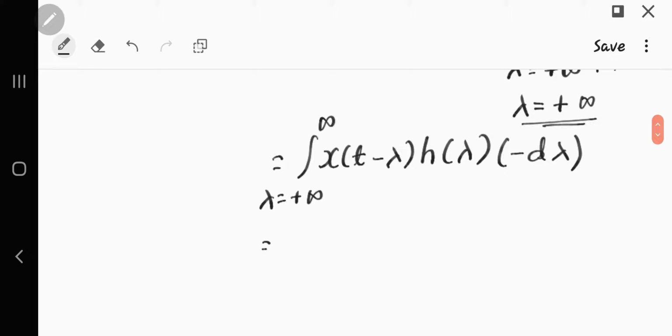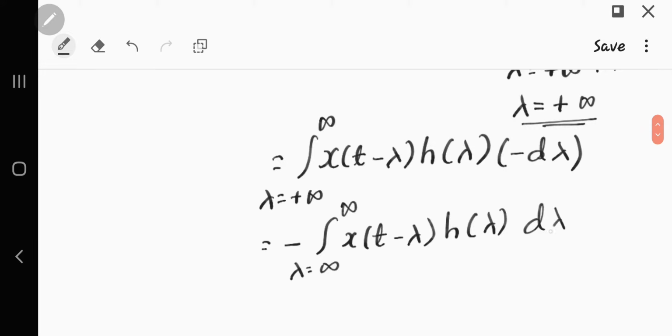Let's take the minus outside: minus the integral from lambda equal to plus infinity to minus infinity of x of t minus lambda h of lambda d lambda.